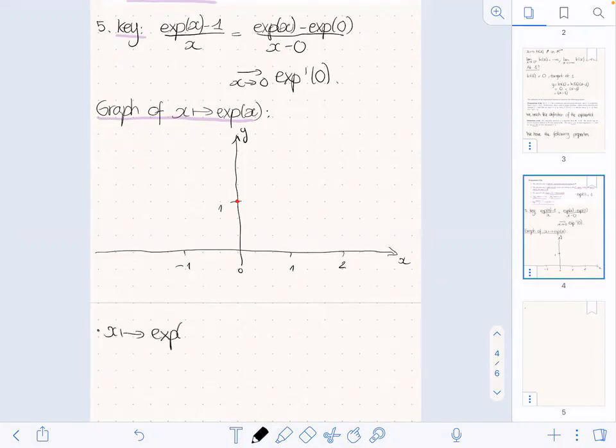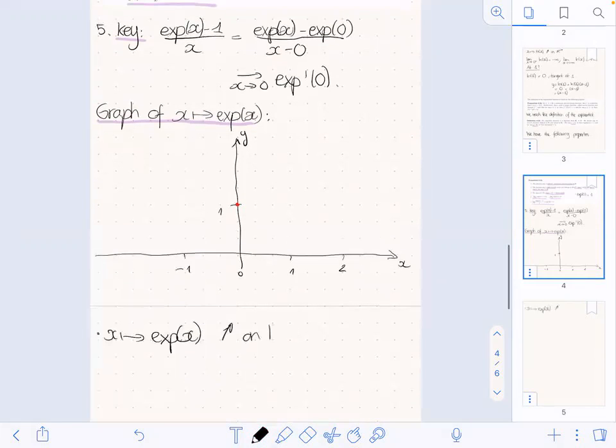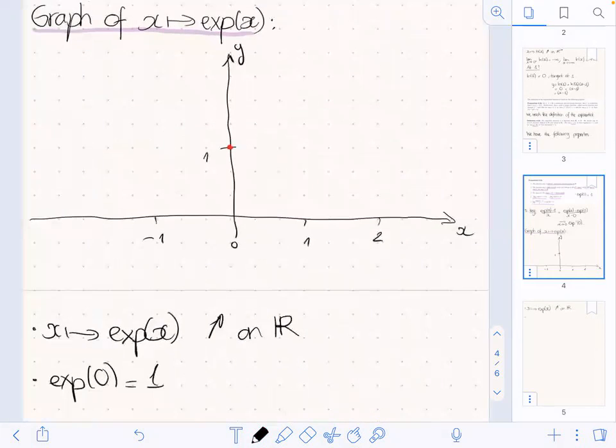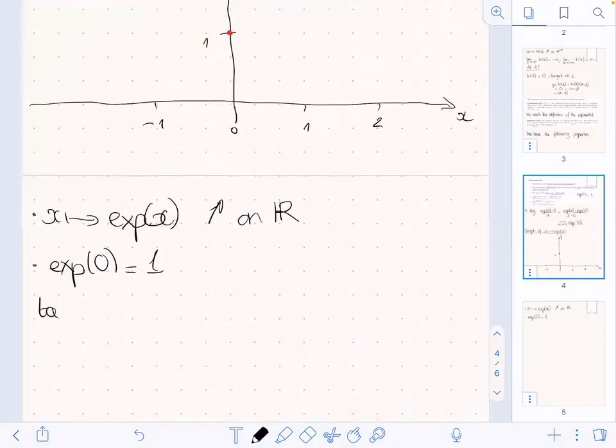So the exponential function is increasing on R, and exponential of 0 is equal to 1, and we can have a look at the tangent at 0.